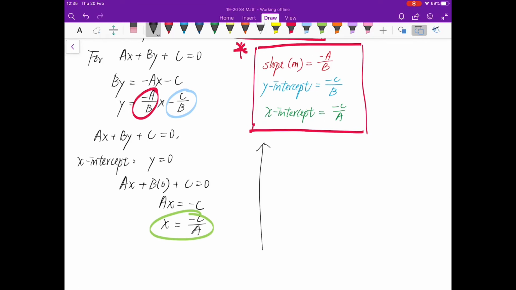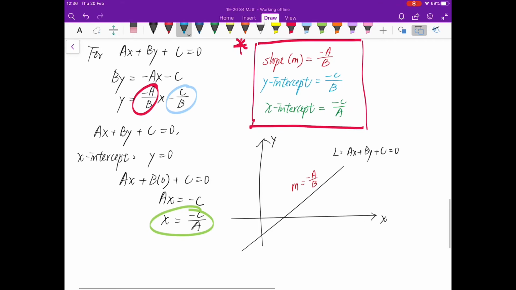And below, you can use the figures to identify these values. I randomly draw a straight line and I mark it ax plus by plus c equal to 0. And the slope is negative a over b.